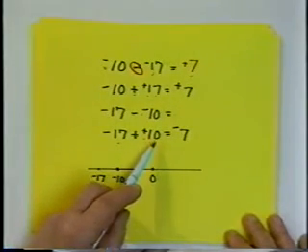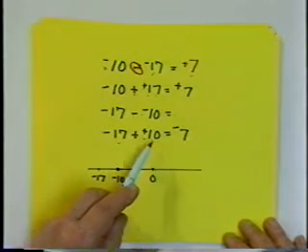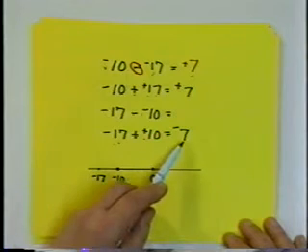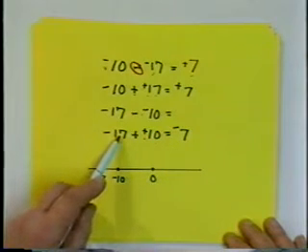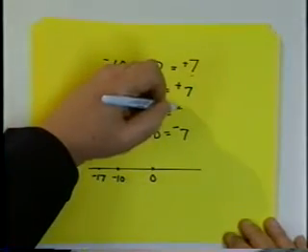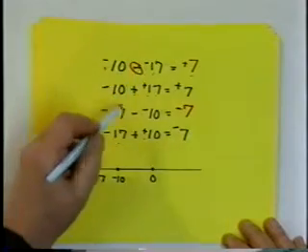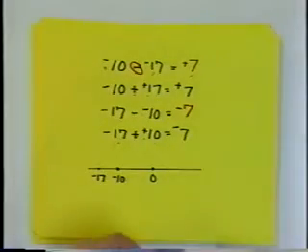We proceed the same as before. Numbers have the opposite signs, so we subtract the smaller magnitude from the greater. 10 from 17 is still 7, but now the greater magnitude, which is still 17, happens to be negative, so the answer now, instead of being positive 7, is negative 7.